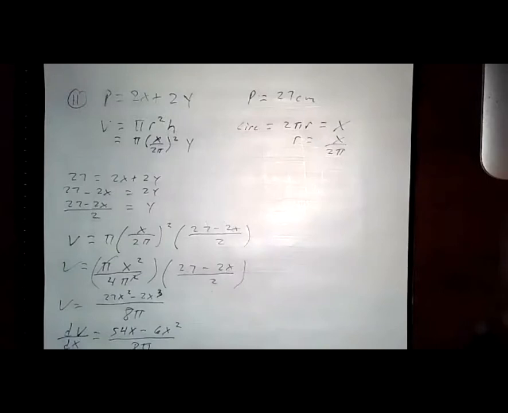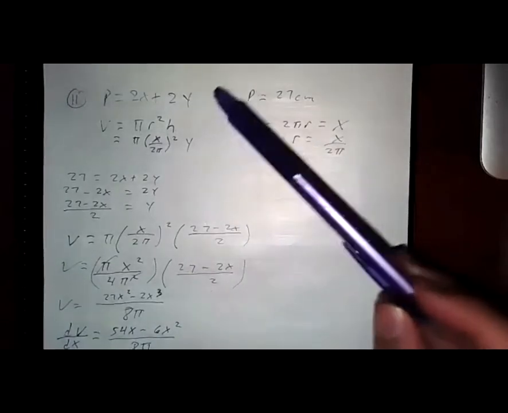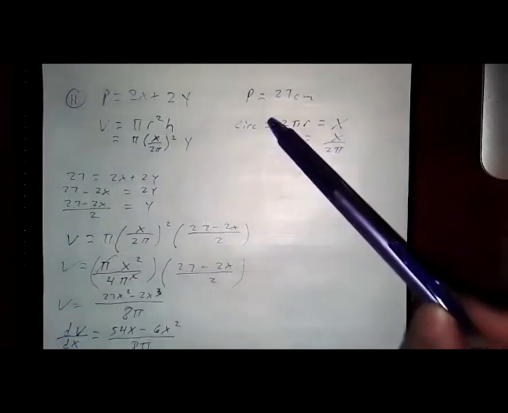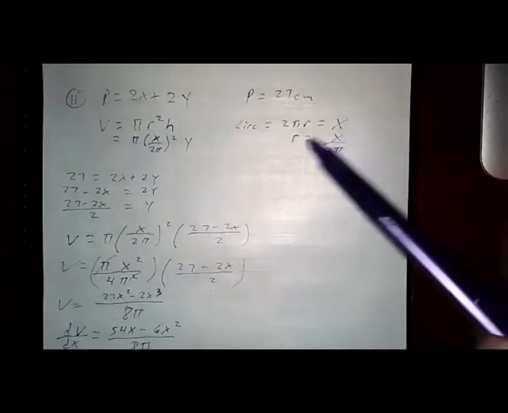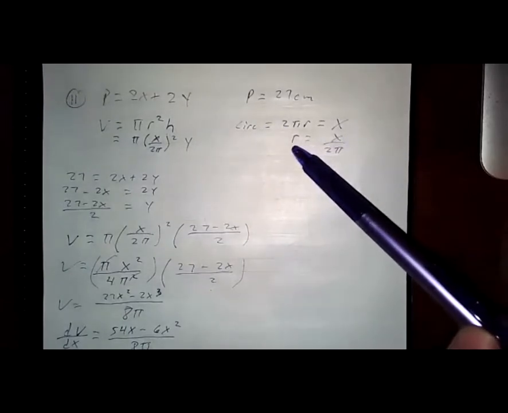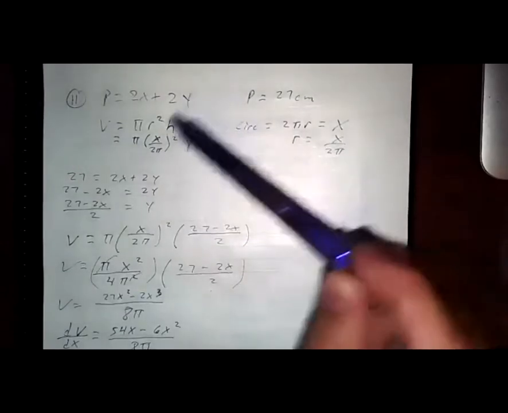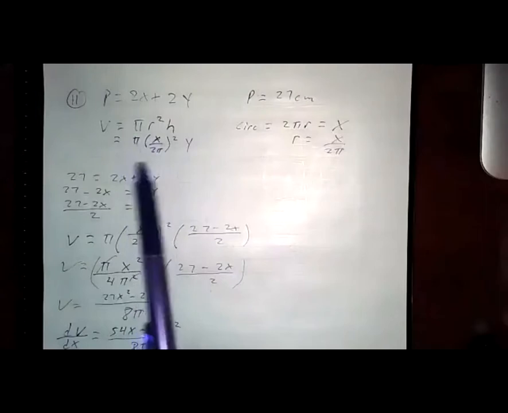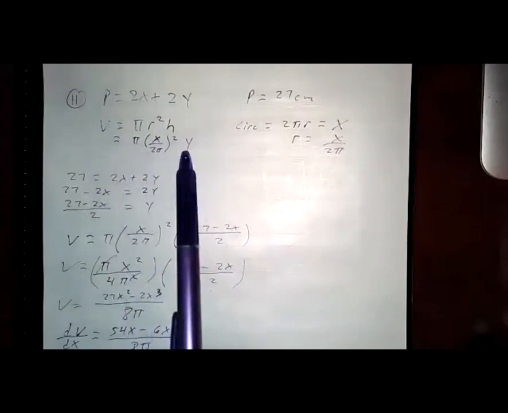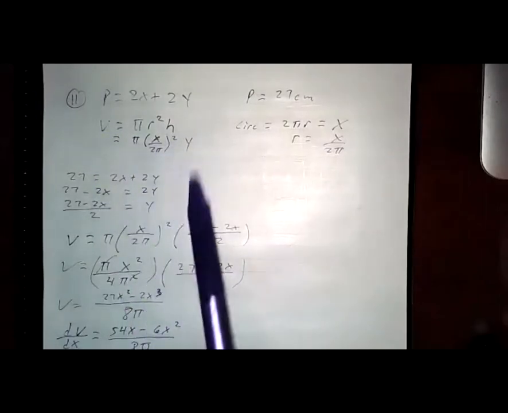Are there any questions on what we did here? Does the logic make sense? Yes. I know the math is a little difficult, but the idea is there, right? We use the circumference to help us solve for r. We use the perimeter to help us solve for y. And then we simplify the volume equation into nothing but x's.